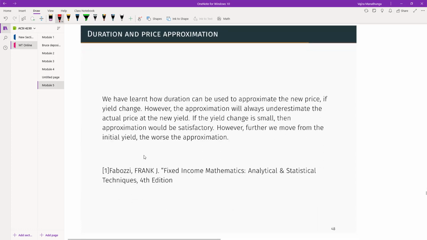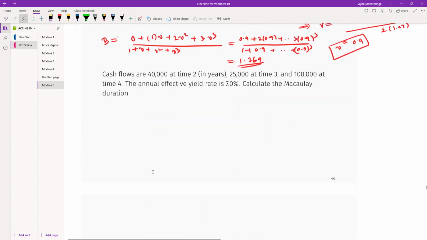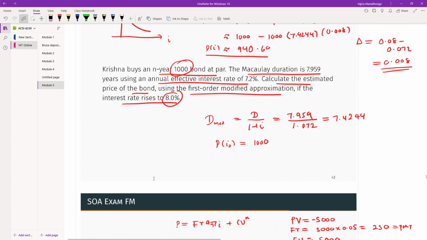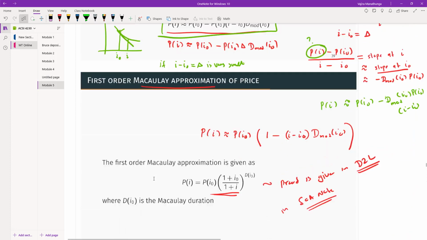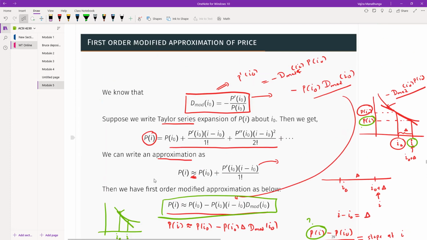So we have learned how duration can be used to approximate the new price. If you remember, when we take the Taylor series expansion, you can see here we have the Taylor series expanded around i naught.